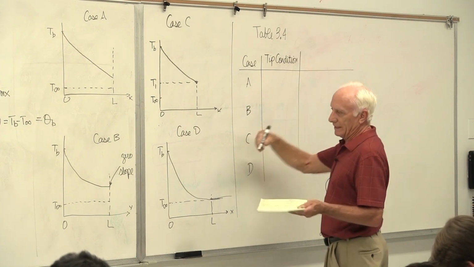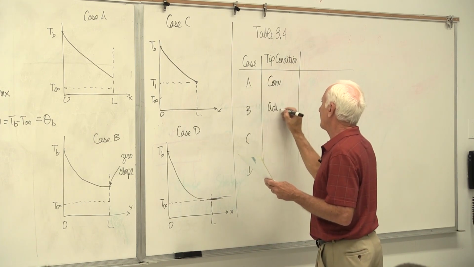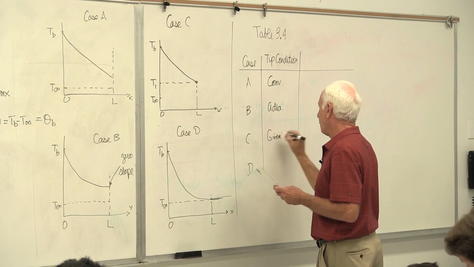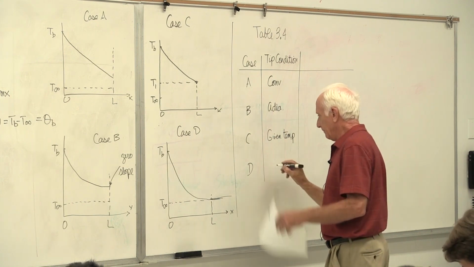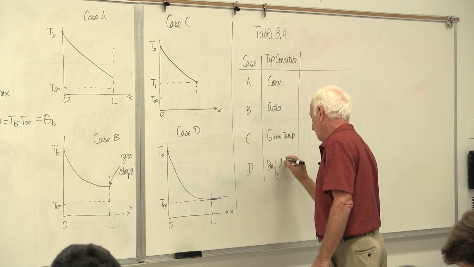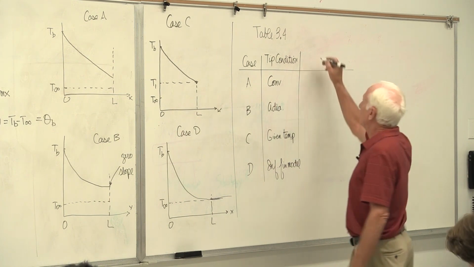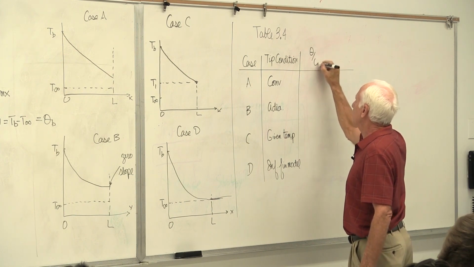Case A, convection. Case B, adiabatic. Case C, given temperature. Case D, infinite fin model. Then we have the temperature distribution, theta over theta base.